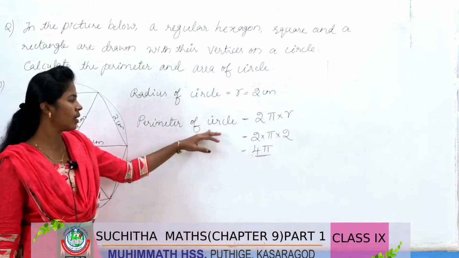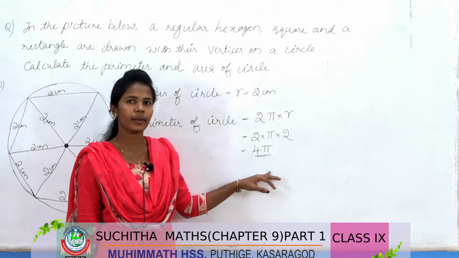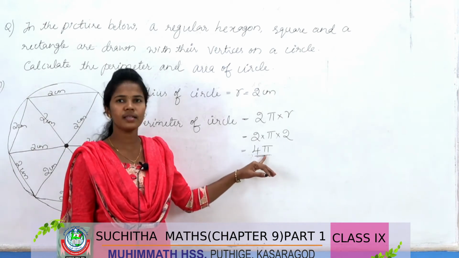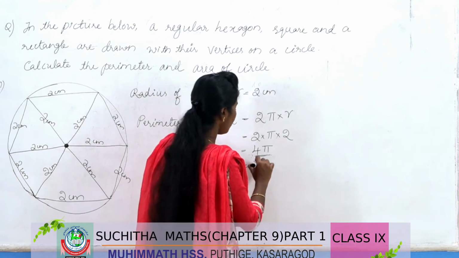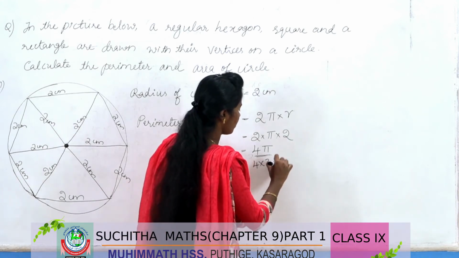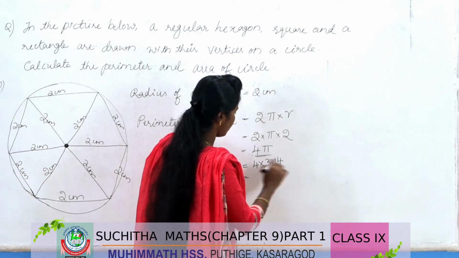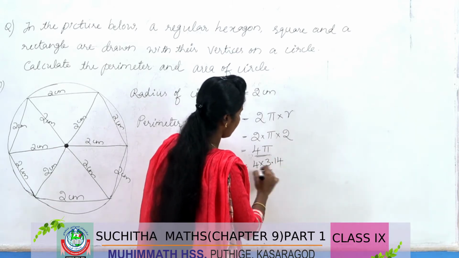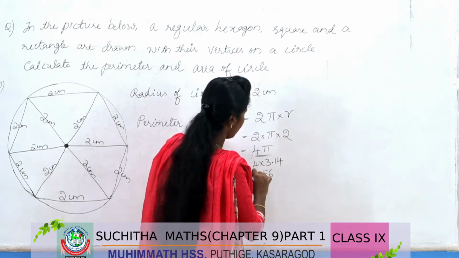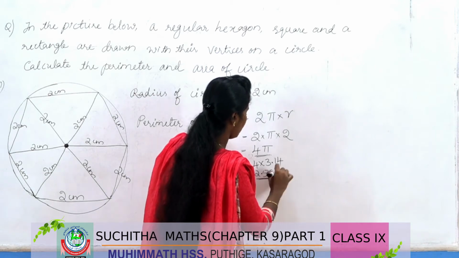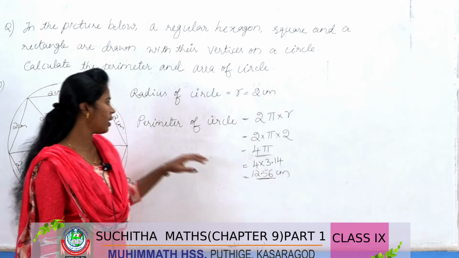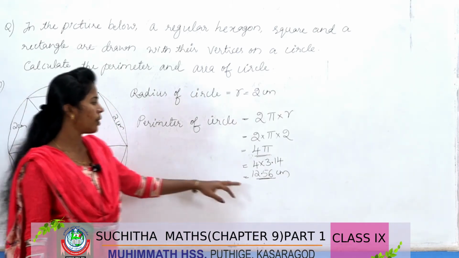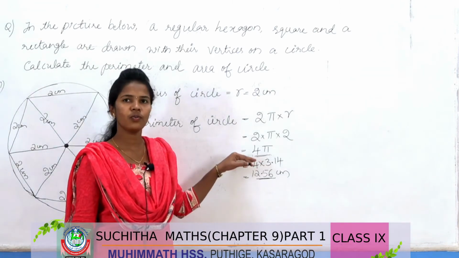The perimeter of the circle is 4 pi. Here the value of pi is 3.14, that is 4 into 3.14, which is 12.56. 12.56 is the perimeter of the circle, equal to 4 pi.